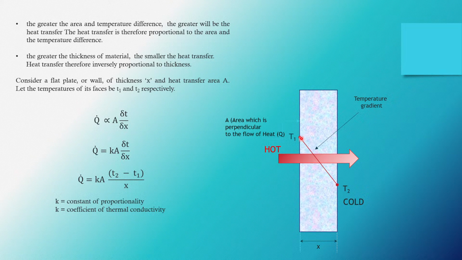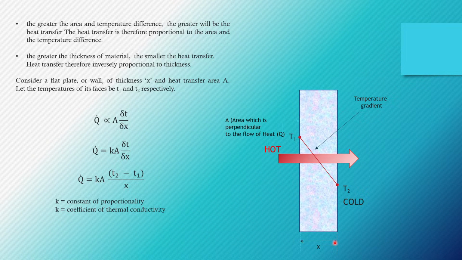Now from T1 to T2, as you can see, T1 is the hot, higher temperature region, and T2 is the colder, outer surface at lower temperature. The difference in this will give you a temperature gradient.